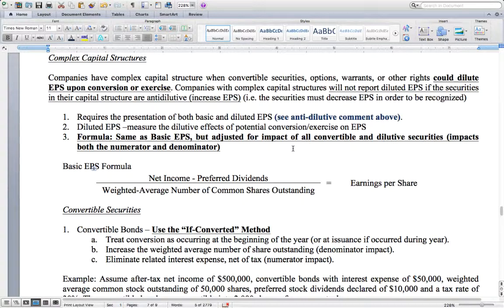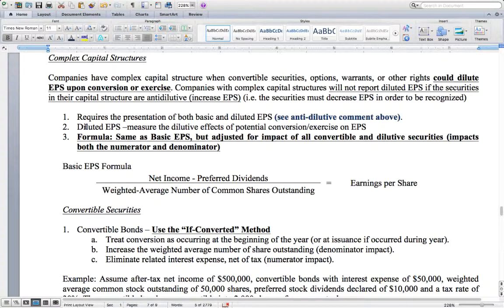You would not report that $10 per share in your financial statements because it was not dilutive of your earnings per share because your basic number was lower. So therefore you will only report the dilutive earnings per share when it is lower than the basic earnings per share. So as you can see there, it requires the presentation of both basic and dilutive.